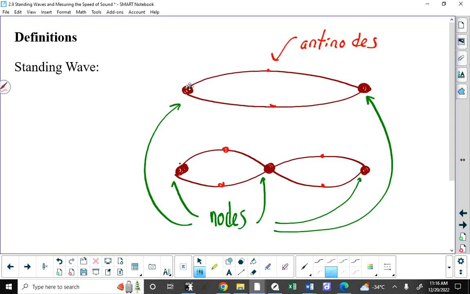But where they have nodes, it's hard to imagine because you don't see it, but at a node, you have the crest of one wave meeting the trough of another wave and they cancel out. You get no energy there. You don't see the crest and the trough because they cancel.